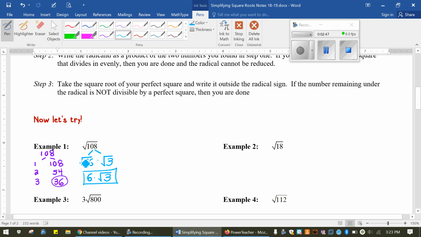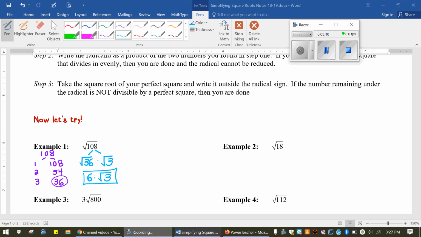That's what we did when we changed the square root of 36 to be 6 and write it outside the radical sign. The number that is underneath that's left is not divisible by a perfect square. You know you're done. You won't have to worry about this number underneath the square root if you are always picking the biggest perfect square from your list of factors.